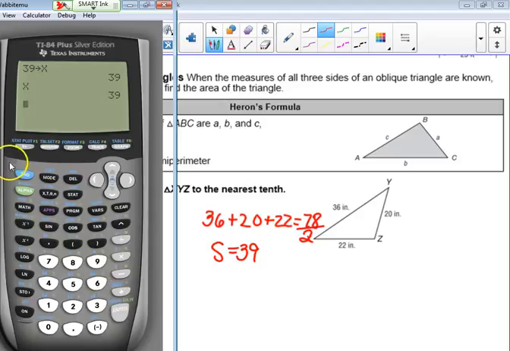So now what I can do is I can type square root of, and then I can put all this in. X times parenthesis X minus 22 times parenthesis X minus 20 times parenthesis X minus 36.